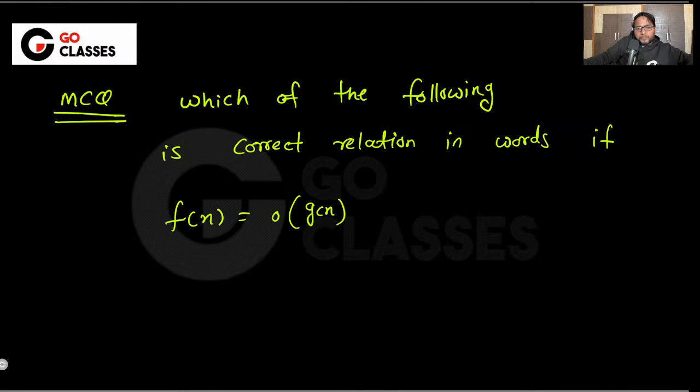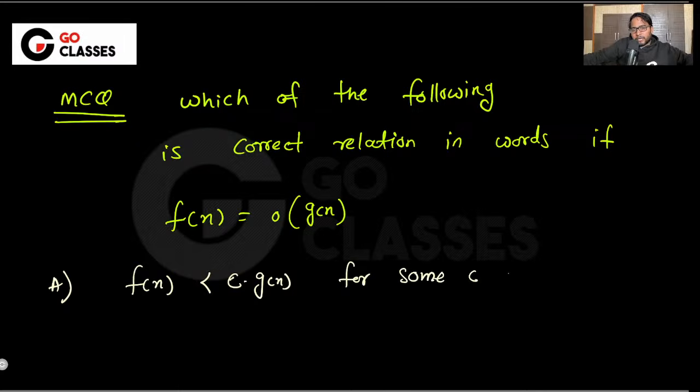Option A is saying that fn is less than c into gn for some c and n naught, right? Which means that after n naught this will hold.